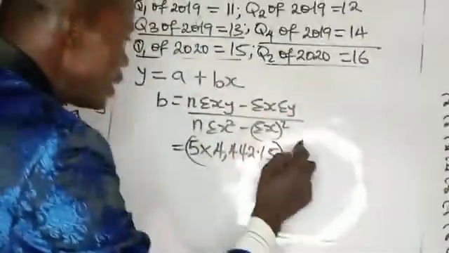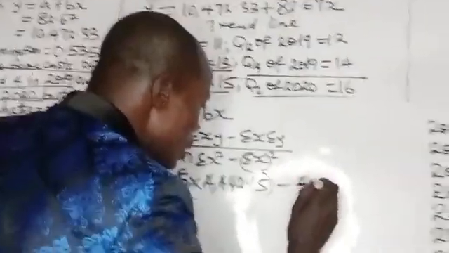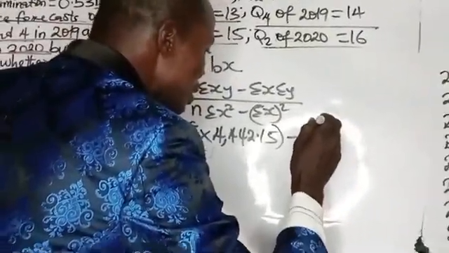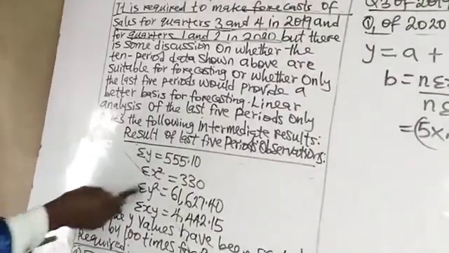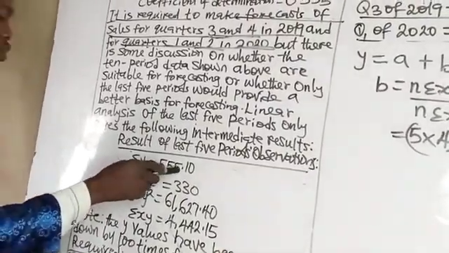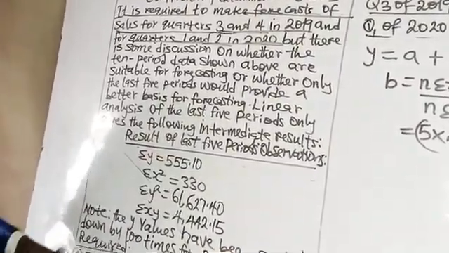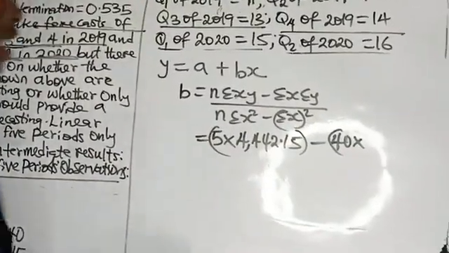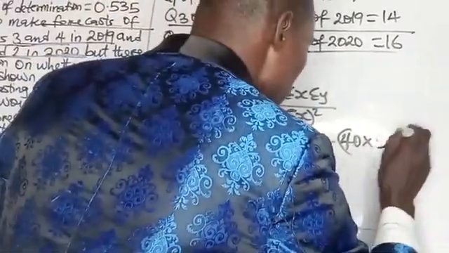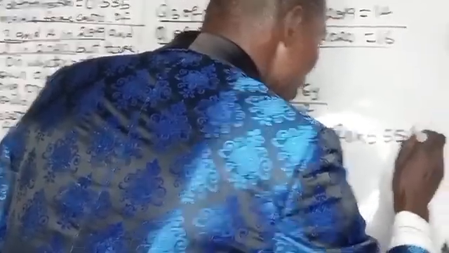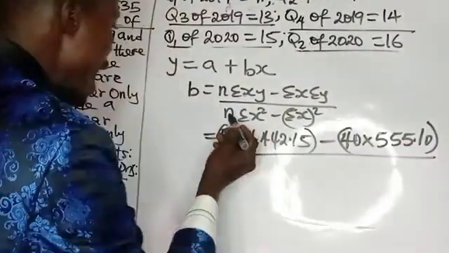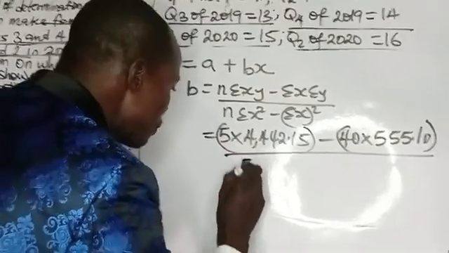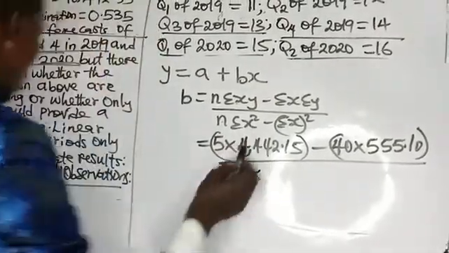If summation x is 40, this is 40 multiplied by summation y. You are given summation y to be 555.10, all over n, which remains 5, times summation x squared.